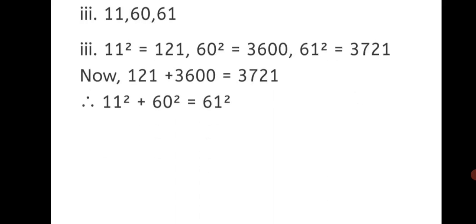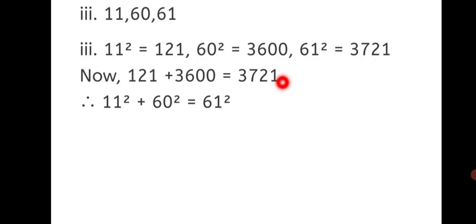Third, 11, 60, 61. 11 square is equal to 121, 60 square is equal to 3600 and 61 square is equal to 3721. Now 121 plus 3600, that is the addition of squares of smaller numbers, is equal to 3721. And the square of greater number 61 is also 3721.